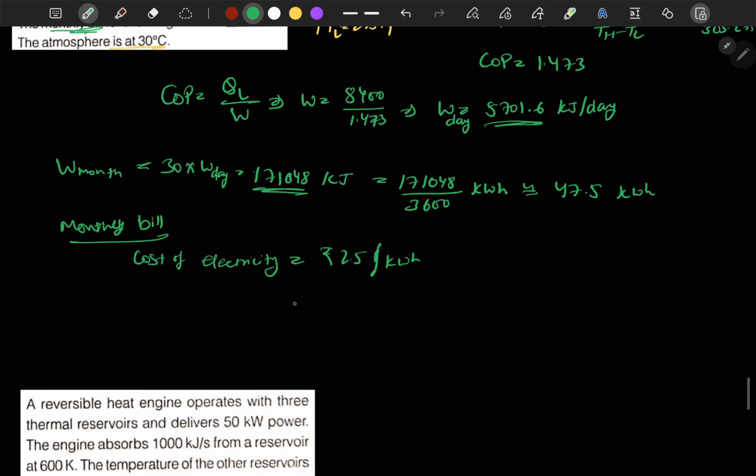So we can calculate by multiplying it by total energy consumption, 2.5 into 47.5. Okay, so we will get our bill to be rupees 118.75 per month. Okay, so with this we will finish this question here.